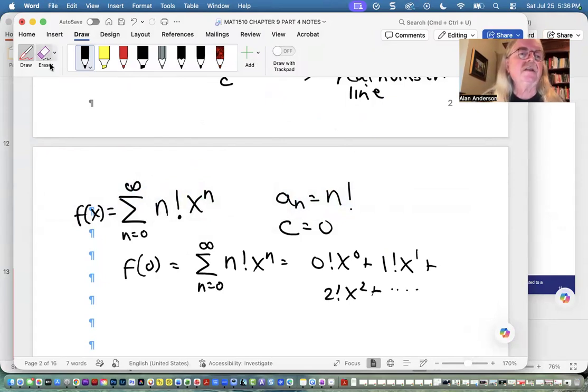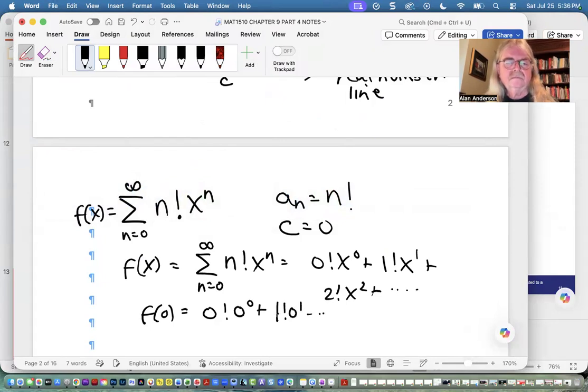Let me rewrite this slightly, and then we'll get to f of 0. This is fine, but then we have to evaluate it at 0. So the bottom line is it ends up being 1. 0 factorial is 1.